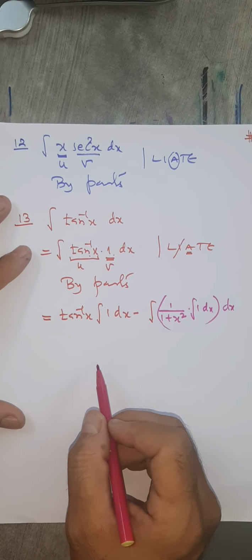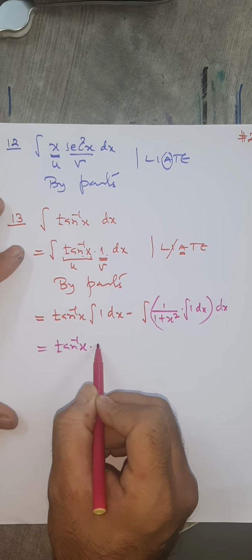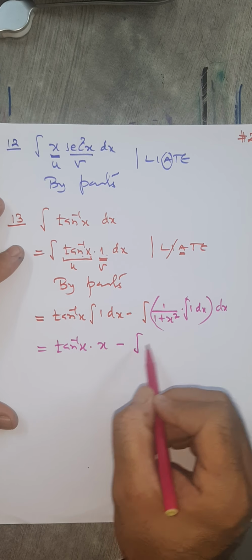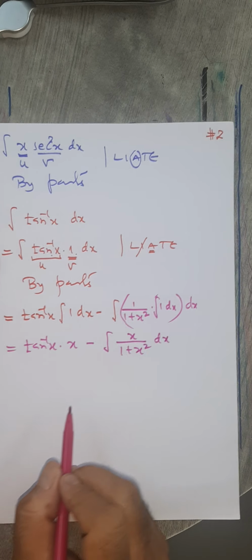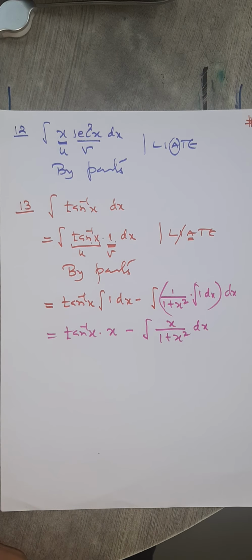Okay, so this is tan inverse x into x minus, this is the same here, so you have x upon 1 plus x squared dx. Now to solve this is always an important task, remember, in integration by parts.